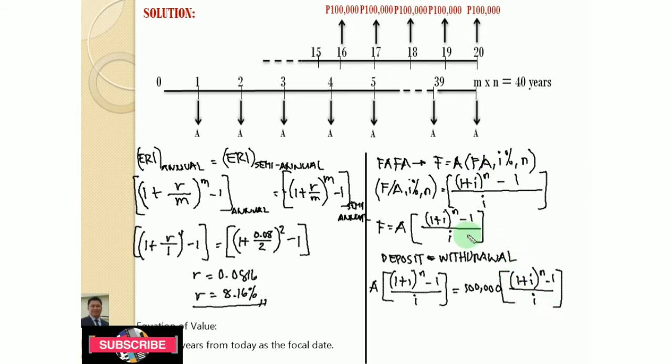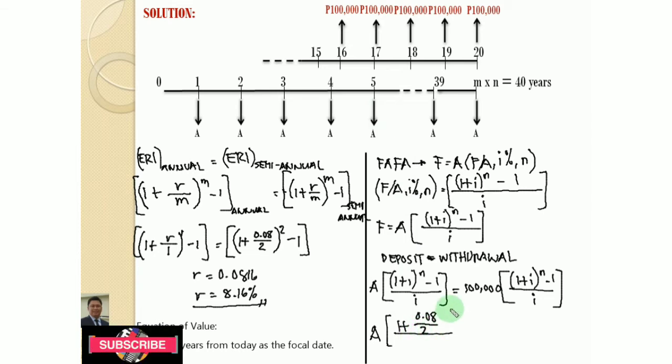Simplifying, A is equal to A times, here our i is 0.08, 8% in decimal, divided by 2, since this deposit has semi-annual compounding.